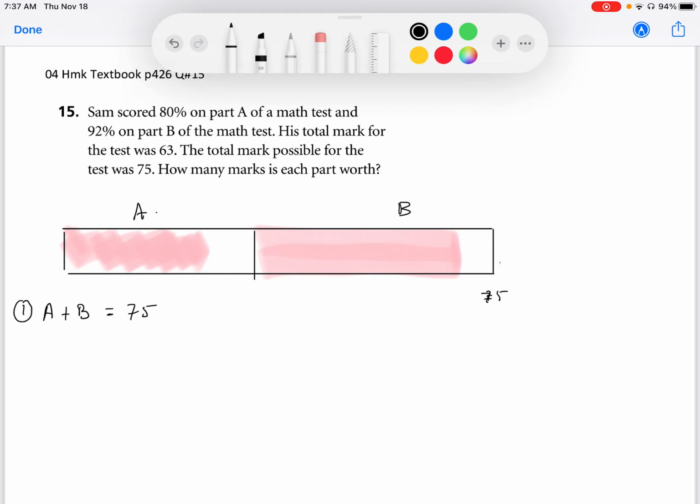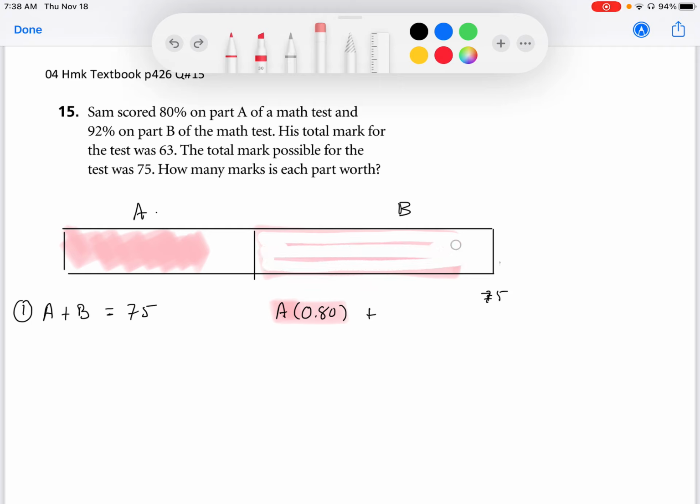That's one relationship. What else do we know? Well, we know we can get to the 63 marks if we take A and we take 80% of A, so I'm going to multiply that by 0.80. And if I take those marks, okay, so that would represent, and maybe I'll just shade that. Okay, so that's going to be based on the marks in part A. And I'm just going to get rid of some of the shading here.